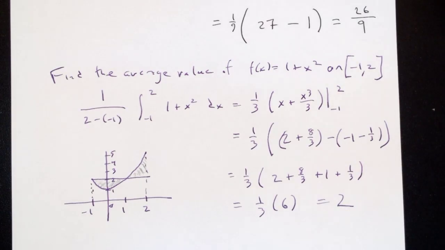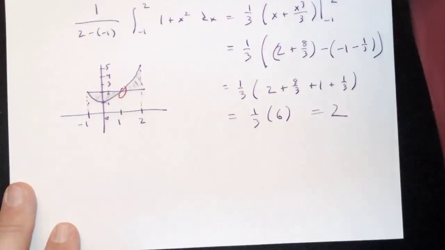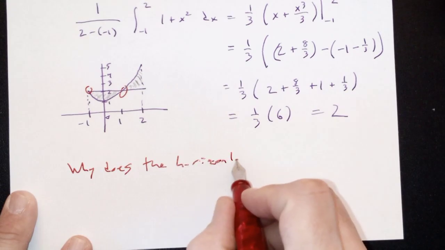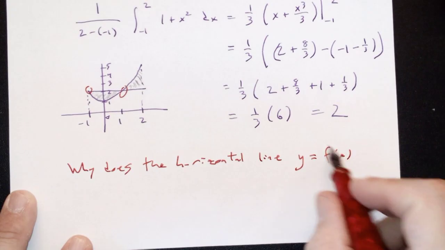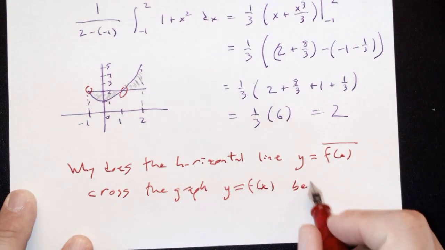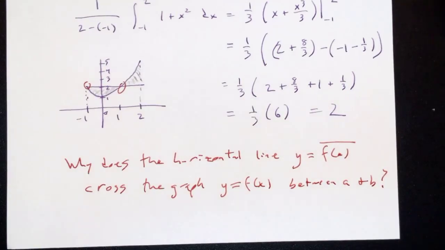But the horizontal line itself crossed the graph. Why? Because it's within the range.